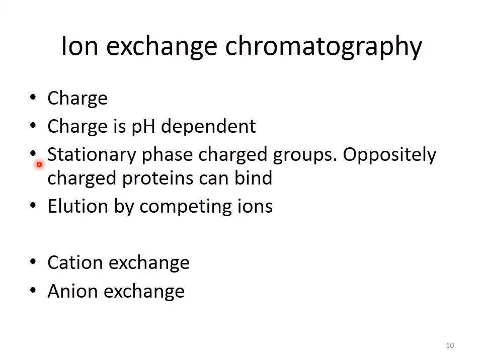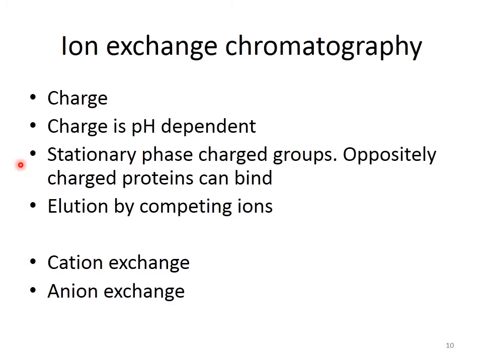The proteins having an opposite charge can bind to the column. And the proteins with similar charges will not be able to bind to the column, and they would be removed away. So if the stationary phase is positively charged, then negatively charged proteins can bind to that column.